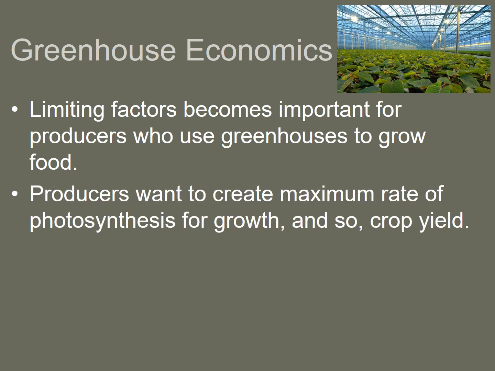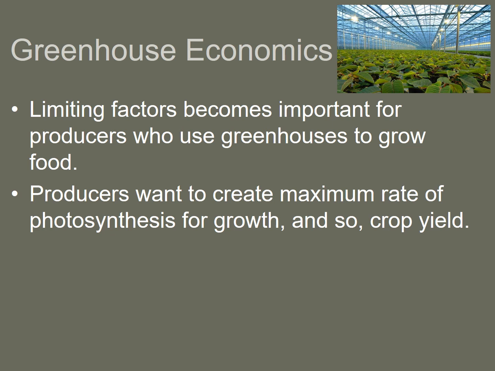Because we know that in order to create maximum rate of photosynthesis for growth, we'd want loads of light, so you could install lights and have them on day and night to increase day length, and you could install them to make the light brighter so that the plants are going to grow fast because they can absorb more light energy. But of course, to run those lights there is a cost because you have to pay for the electricity.